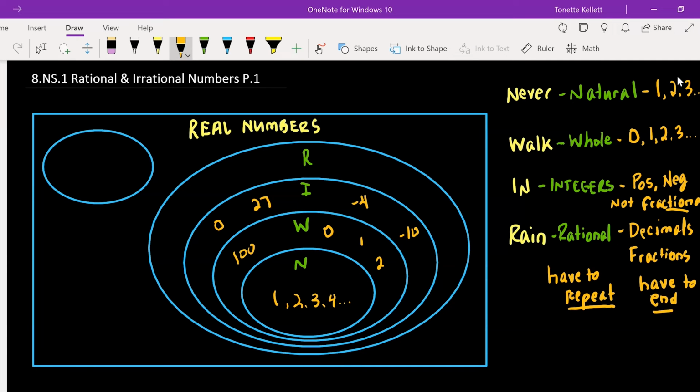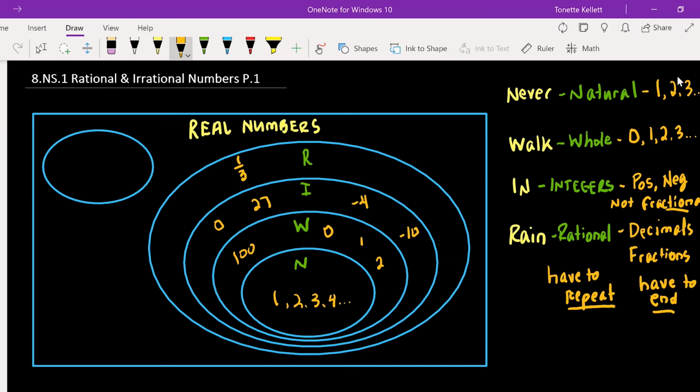So let's get some examples of some decimals and fractions. Something like 1/3. If I were to make that into a decimal, it would be 0.3333333333.